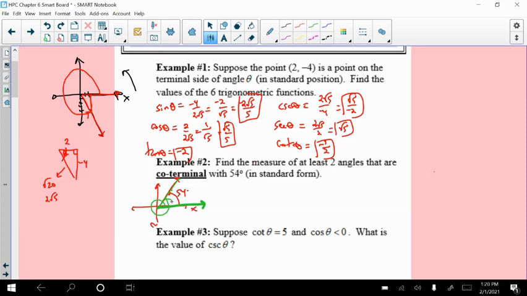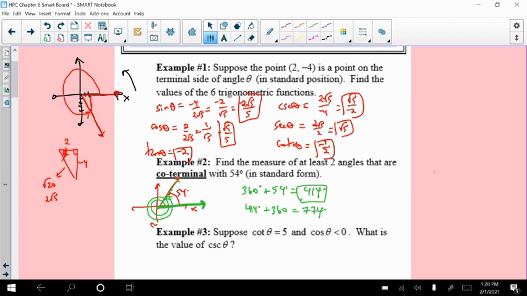That would be 360 plus the 54 degrees, so one coterminal angle would be 414 degrees. You could go another 360 degrees around, so 414 plus another 360 would be 774, I think, if I did my math right. If I didn't, I apologize.